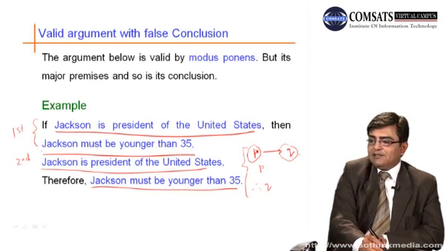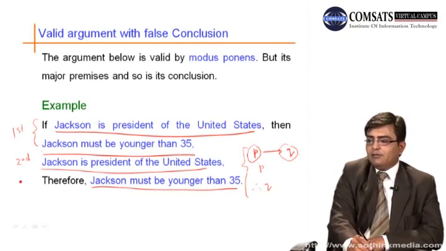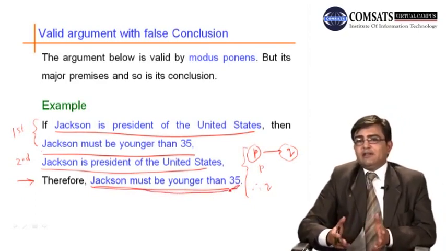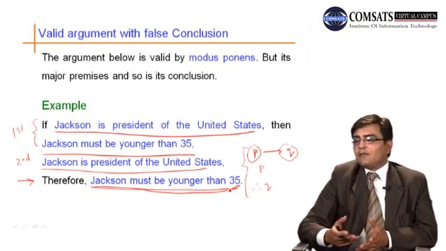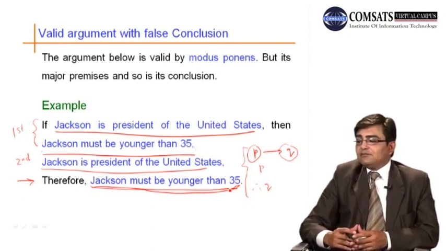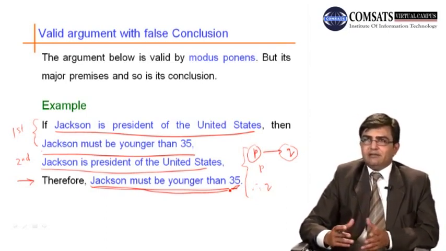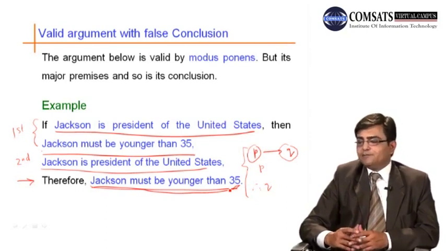So if the conclusion in this valid argument form is Jackson must be younger than 35... but he was also older than 35 when he died, I think he was 55 or 51 years old. So this statement is basically ambiguous, and such an argument doesn't make sense.